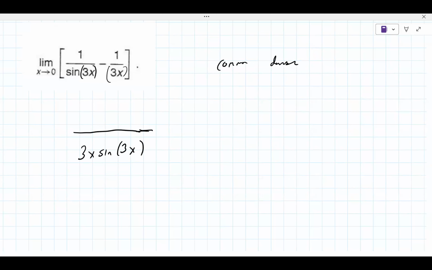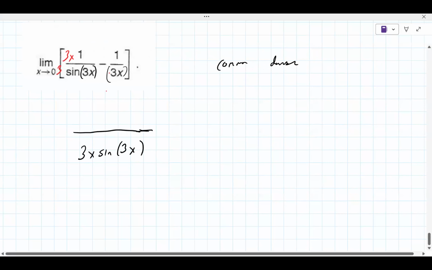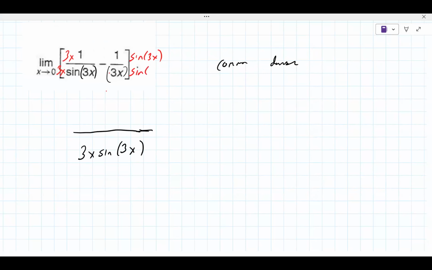Oh, okay. That also helps you just end up multiplying the top and the bottom by the missing piece, 3x times 3x, and then sine 3x times sine 3x. So it'd be 3x minus sine 3x on the top? Yes. And now it is for sure in this indeterminate form.